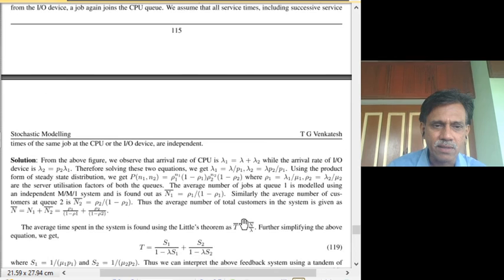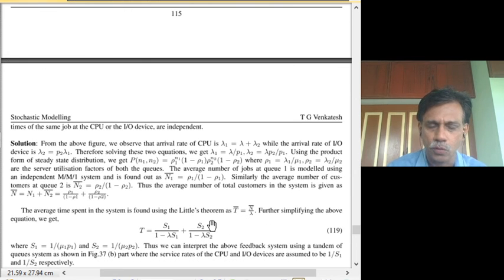Or we can even consider this as a tandem of queues, without worrying about the feedback. But the effective arrival rates have to be changed.